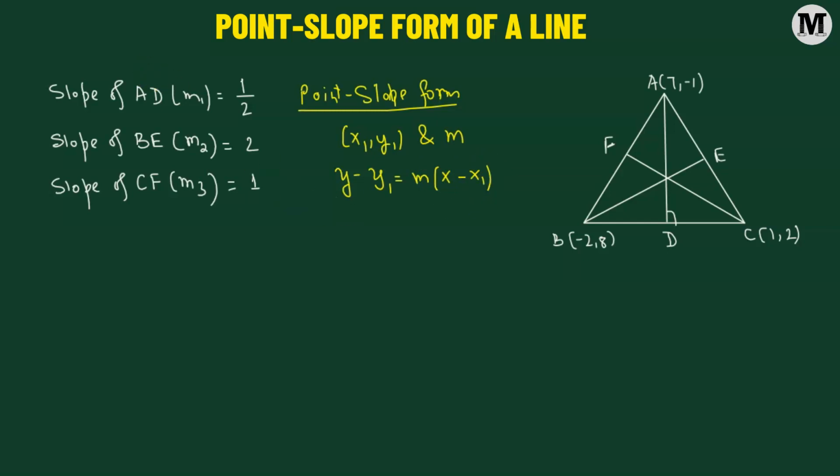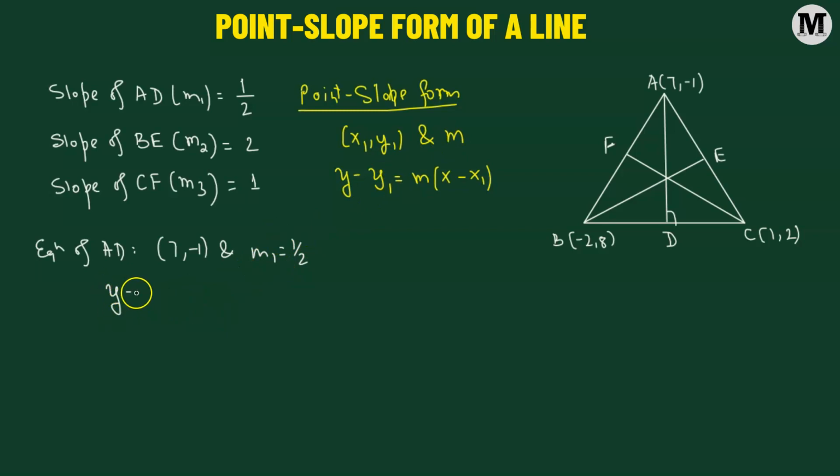So we'll first begin by obtaining the equation of altitude AD. Here we have the point A with coordinates 7, -1. This is the point through which the line passes, and we have the slope m1. Here m1 we got as half. Let's substitute this into the point slope form.